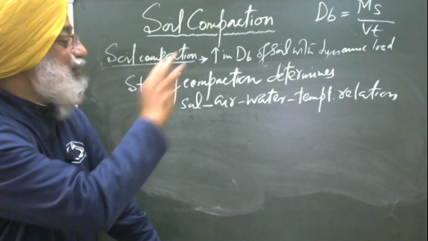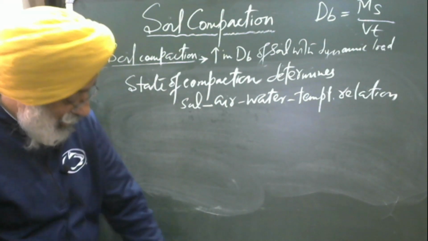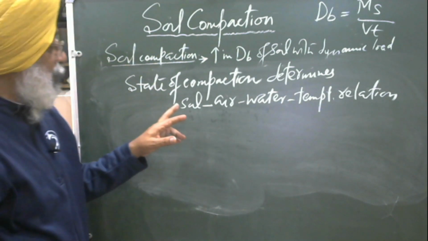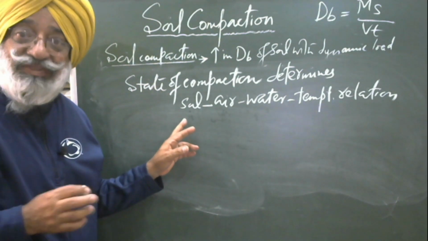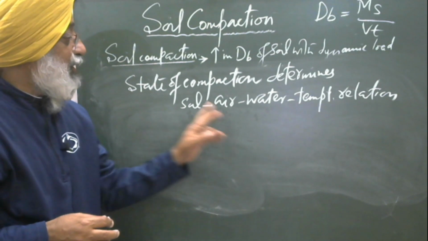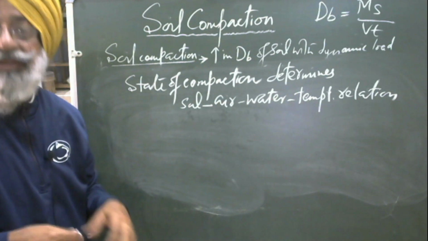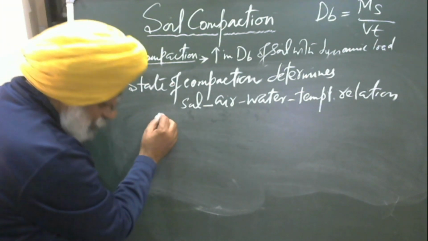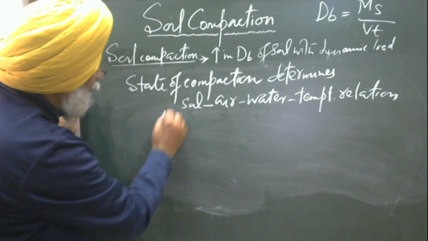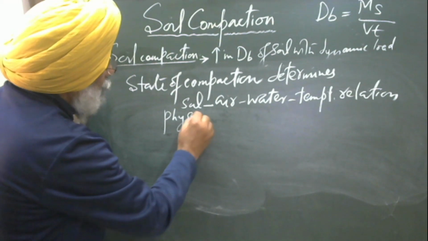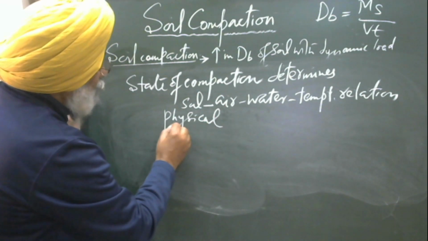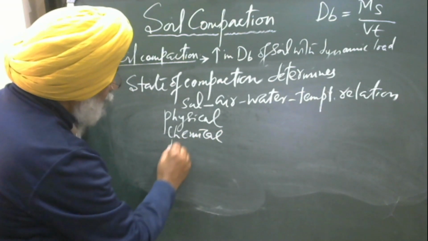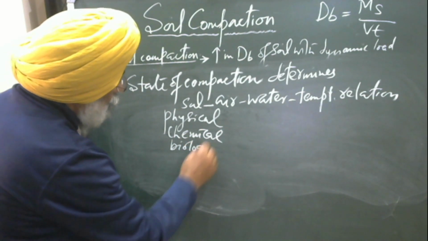But then you can explain all these factors individually. That's very, very important. And of course, based on this physical environment, soil, air, water, temperature, continuum, you can also say it determines the physical, chemical, and biological environment of soil.